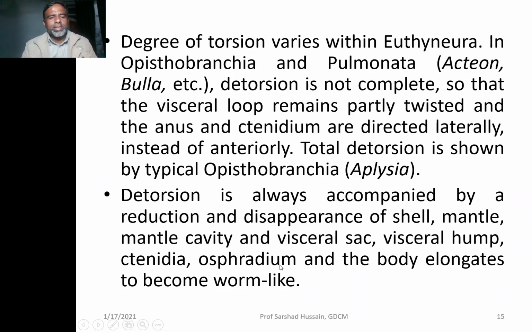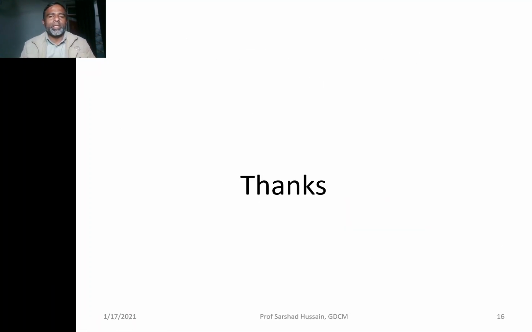Once detorsion takes place, these organs will be lost, and the body will elongate and become worm-like, instead of the anterior head, posterior foot and dome shape that we have seen. The body will not survive in a dome-shaped fashion. It will become elongated and worm-like if these organs are lost and detorsion takes place.